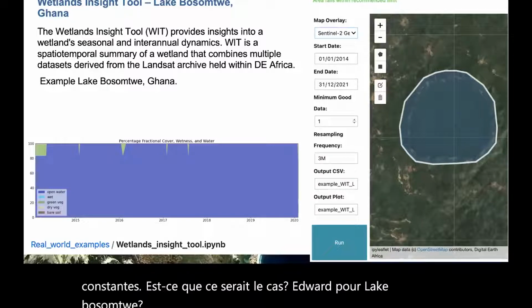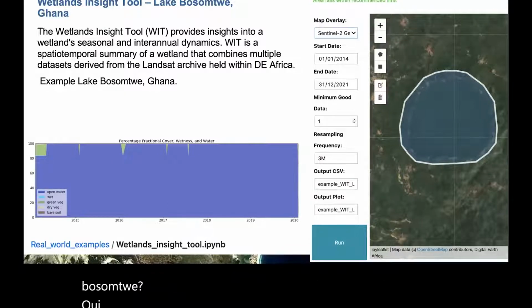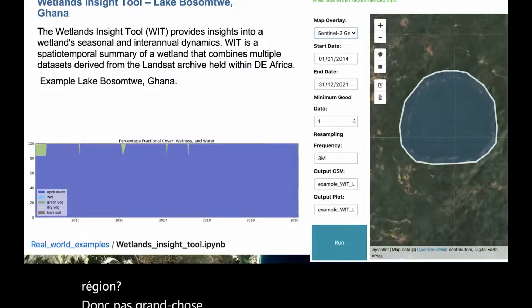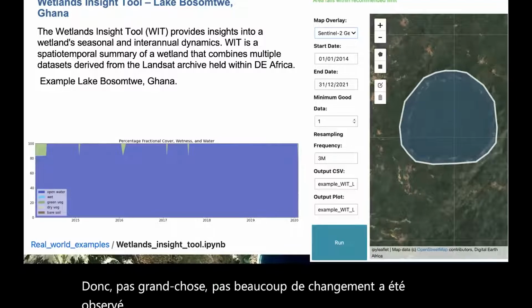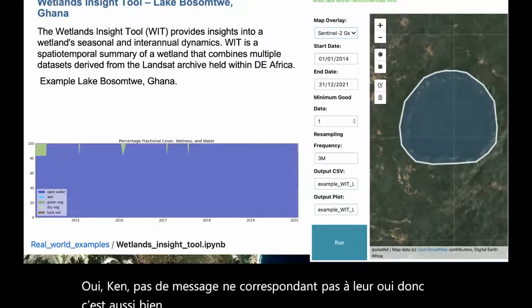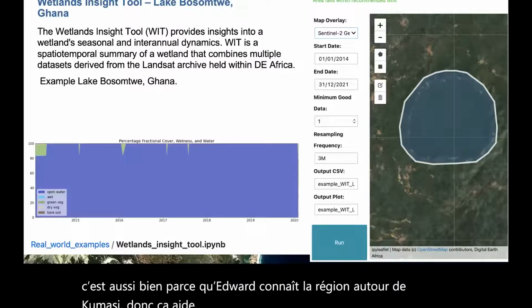Yes, Ken, I think there has been pretty much water there for that area. So not much change has been observed. Yes, Ken, not much change there. Yep. So this is also good because Edward knows the area around Kumasi. So it helps see that we are able to get different results for different areas.